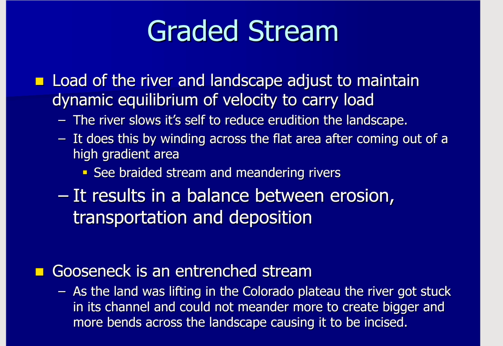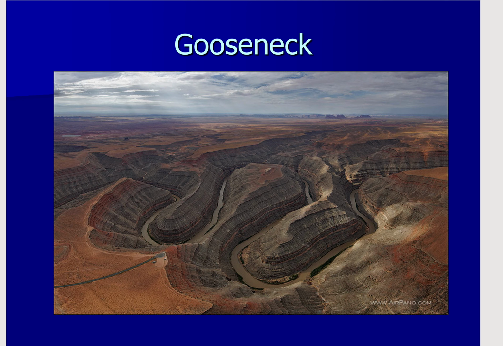And goosenecks looks like this. So you can see all these ancient bends in the river when the landscape was shallow, but with the uplift changing the hydrology and the capacity to do work, it acted like a little drill, and it drilled down into the geology itself and created this meandering bed.